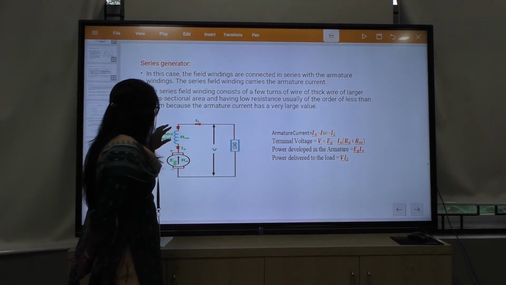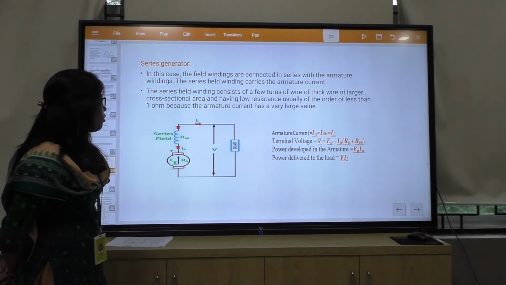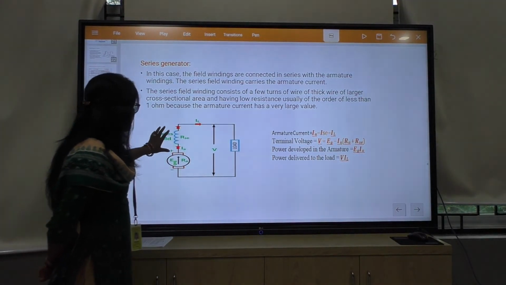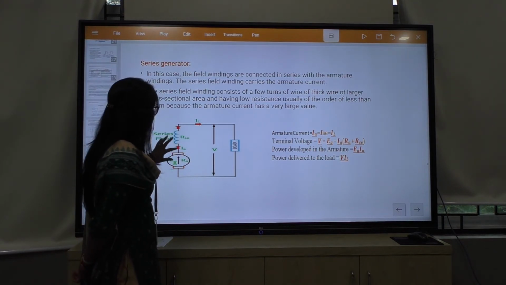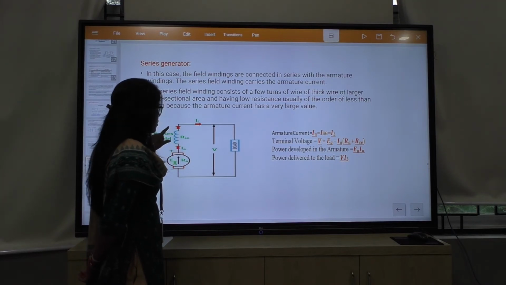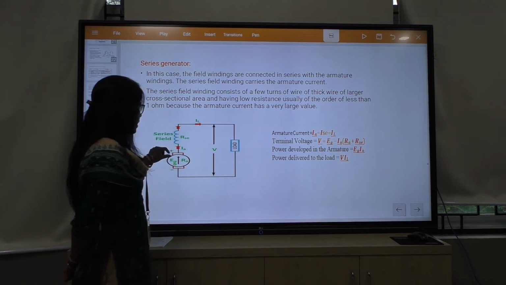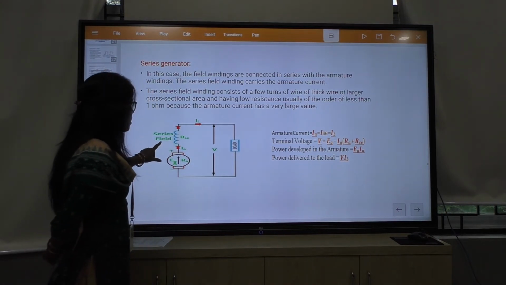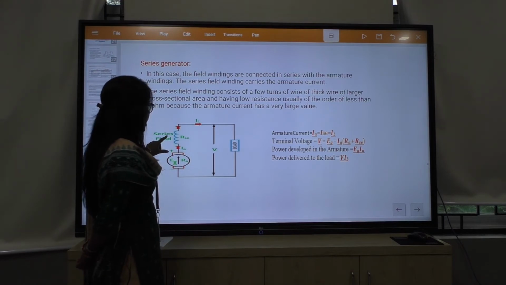The series field winding has low resistance, which is less than 1 ohm, and the equation of the terminal voltage is V equal to Eg minus the drop across the series field winding and the armature winding, that is Eg minus Ia into Ra plus Ia into Rsc.